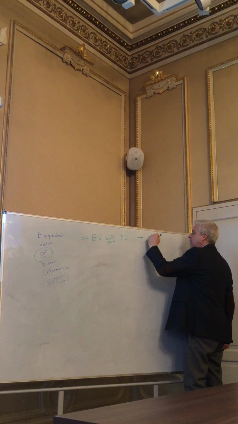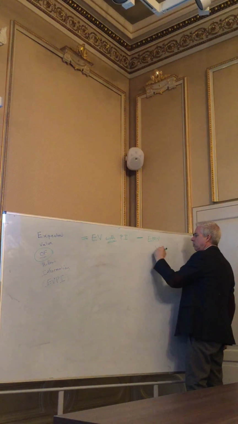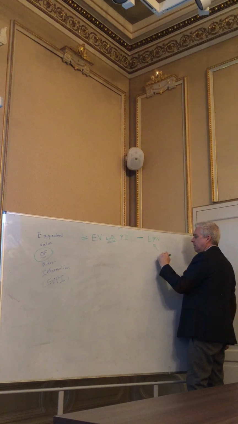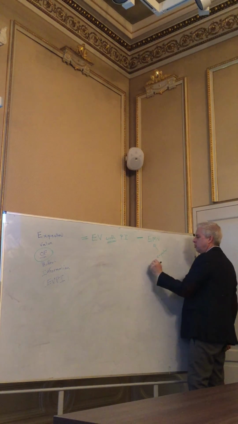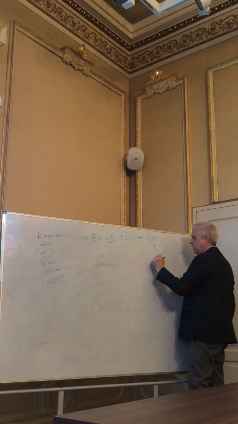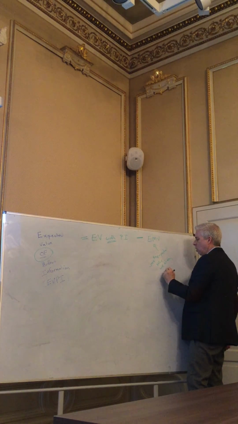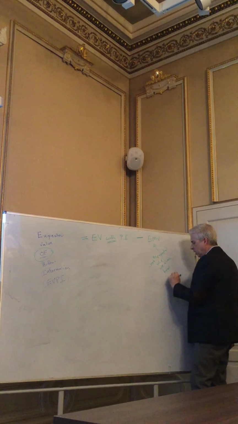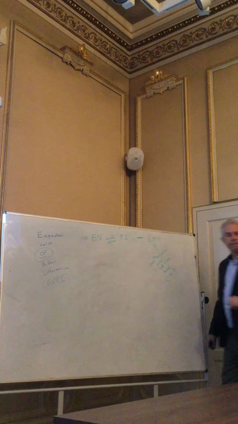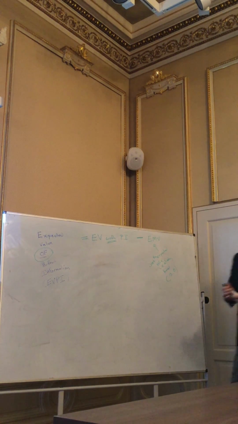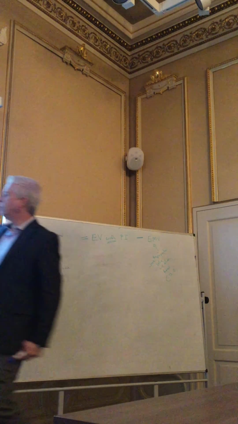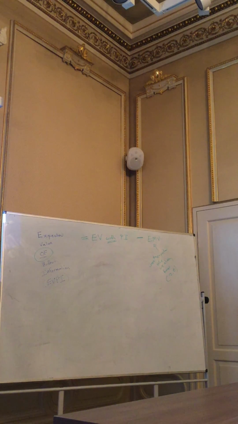Minus the expected monetary value, or just the expected value we already know, okay? Which in our case is 3.0, all right? So that's the expected value of this problem right now with these probabilities, right?